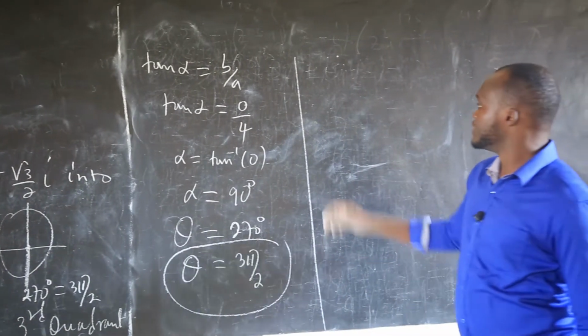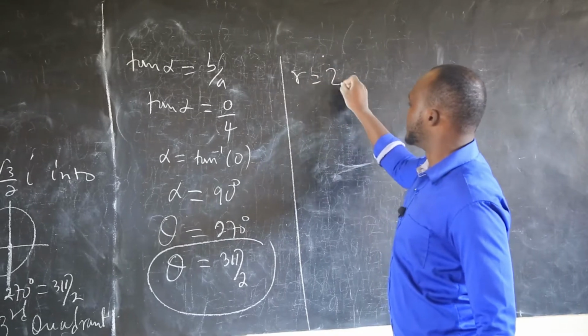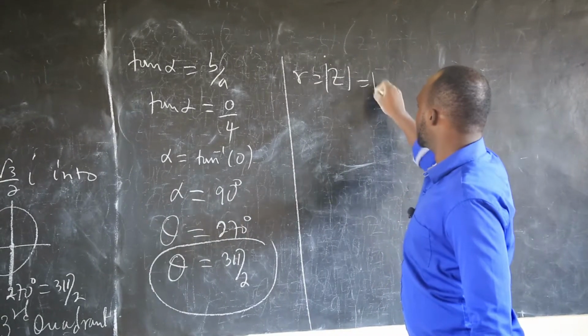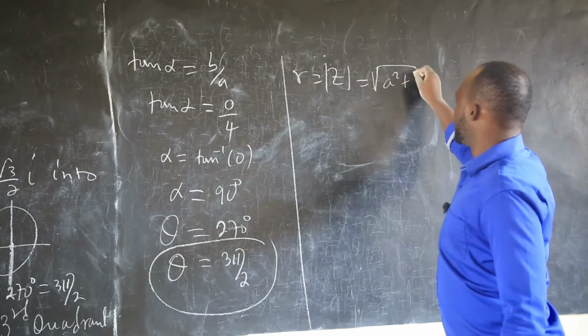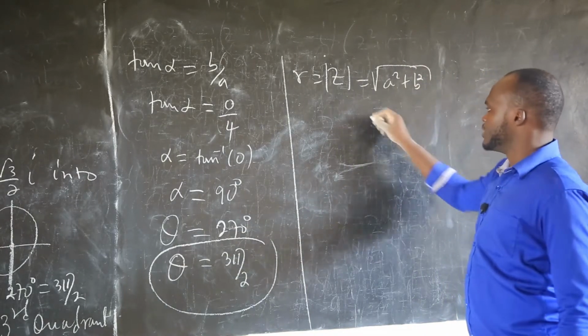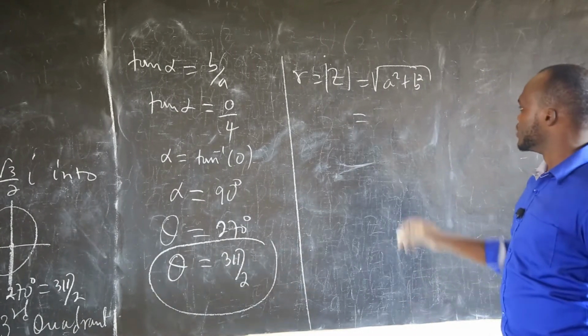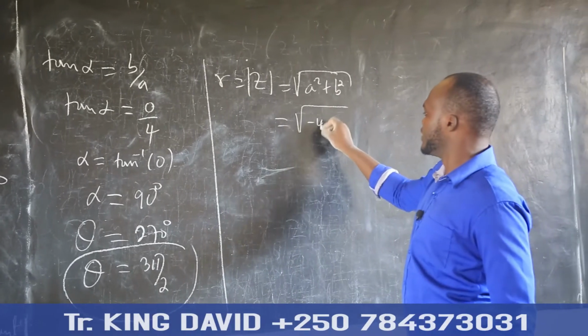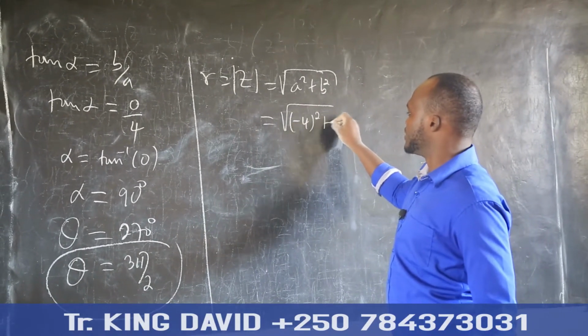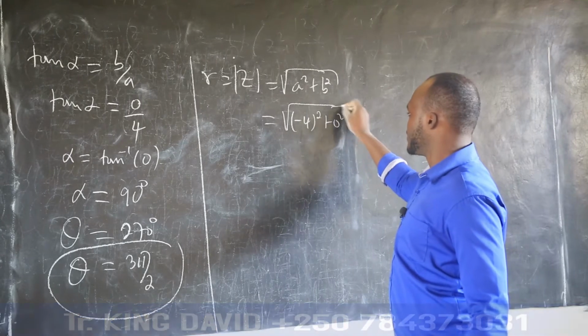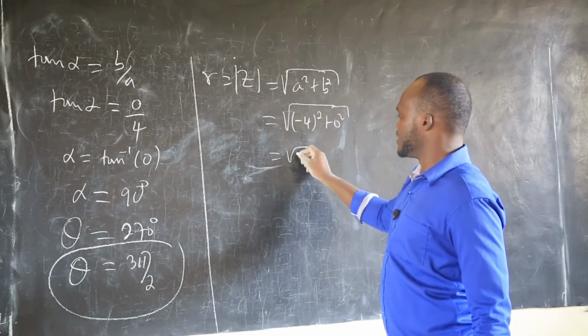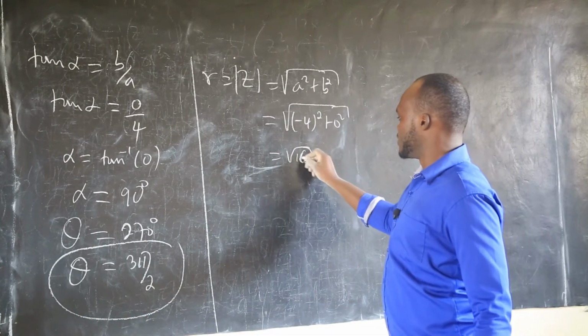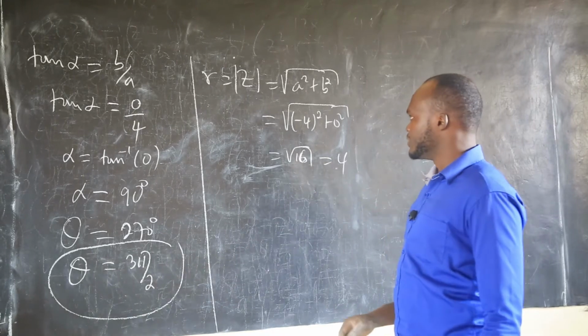Then from there, we need r. Our r is the modulus of z, which is root a squared plus b squared. So that is root of negative 4 squared plus 0 squared. So this is root 16, which is 4.